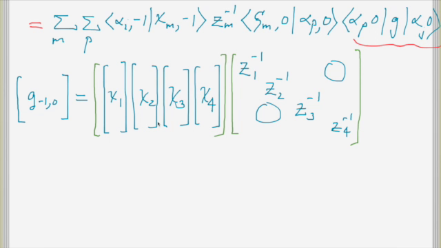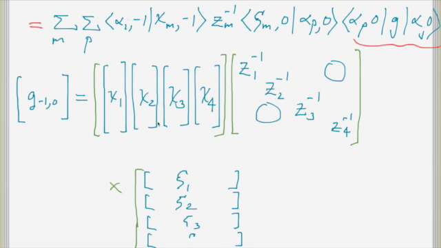Times the matrix of the Z's: Z1, Z2, Z3, Z4.